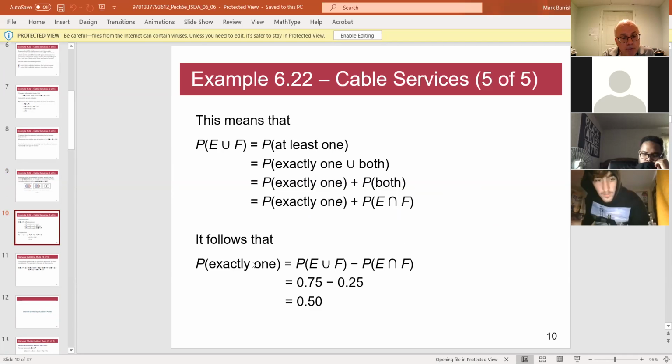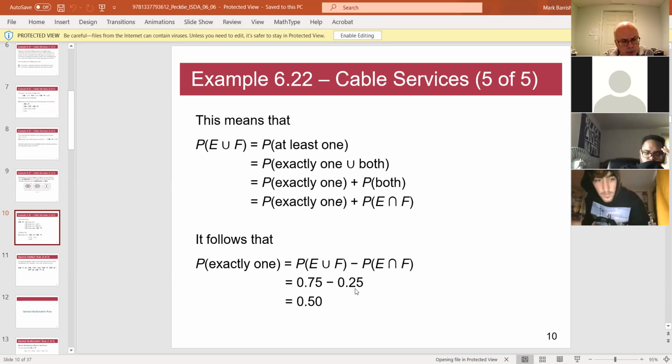So what's the probability of getting exactly one of them? How would we figure that out? Well, we would figure out the union of the two, which is 0.75, and then we subtract what's in the middle.